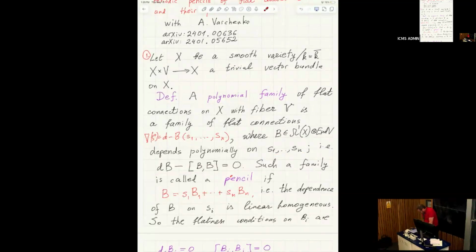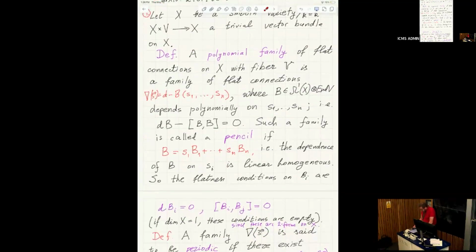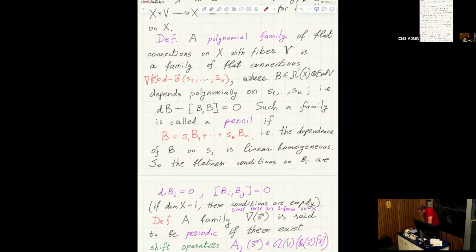Here is a definition that will be important: this is called a pencil if it depends linearly on S, linearly homogeneously. So B equals S1 B1 plus so on plus Sn Bn. If you have a pencil, then the flatness condition is written as dBi equals 0 and the commutator of Bi and Bj equals 0.